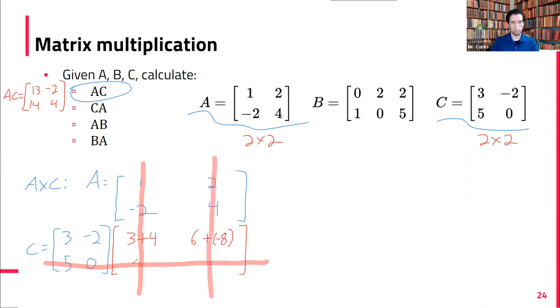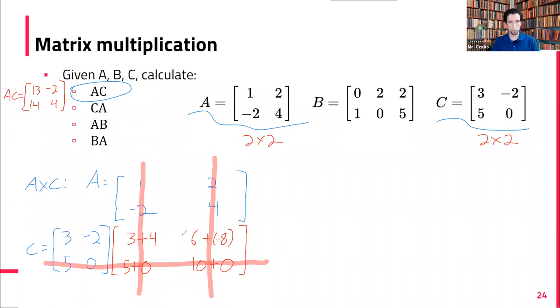For the first bottom left position, what are the numbers? 5 plus 0 times -2, so 0, and 10 plus 0. If we have a 0 when we're doing matrix multiplication, it's very nice because it makes a lot of our calculations very easy.